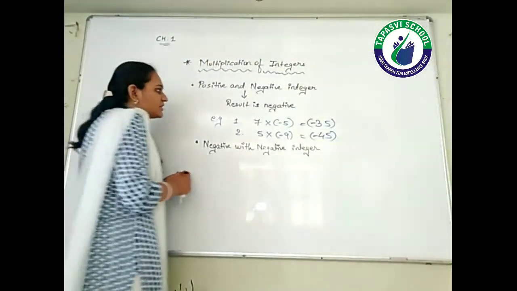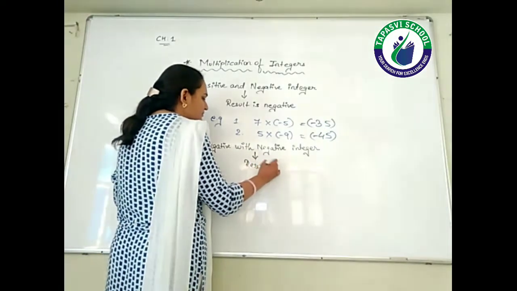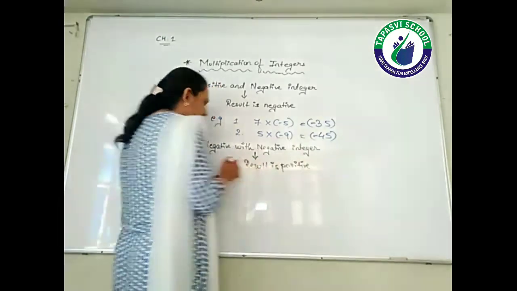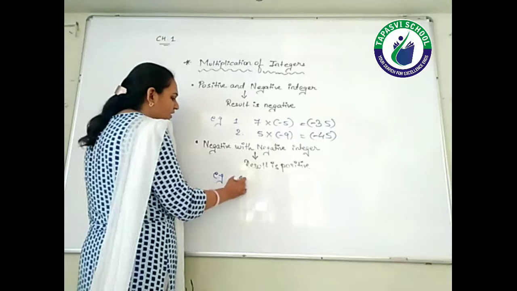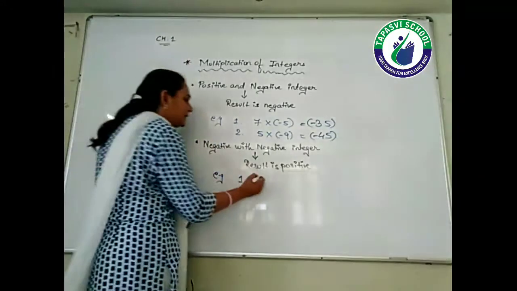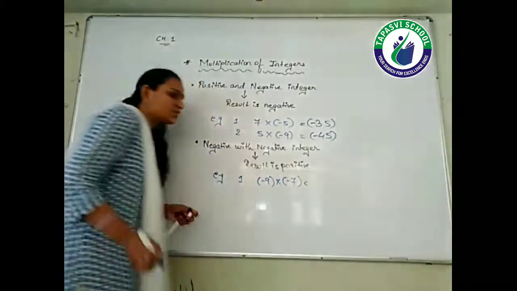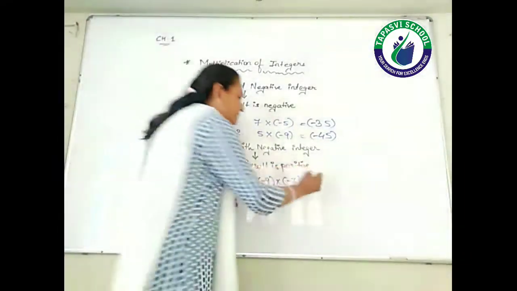Okay, first I'll write that the result is positive. So let's see the examples. Example number 1, I'll multiply minus 9 and minus 7. So what are 9 sevens? 63. 9 sevens is 63.